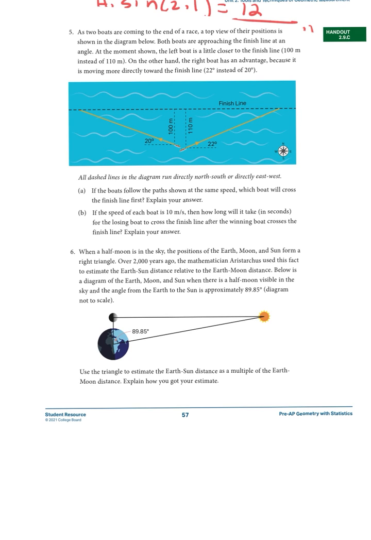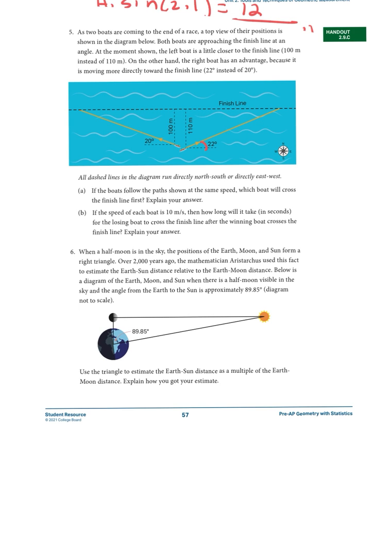On the other hand, the right boat has an advantage because it is moving more directly toward the finish line, 22 degrees instead of 20. All dashed lines in the diagram run directly north-south. If the boats follow the path shown at the same speed, which boat will cross the finish line first? All right, so let's see.